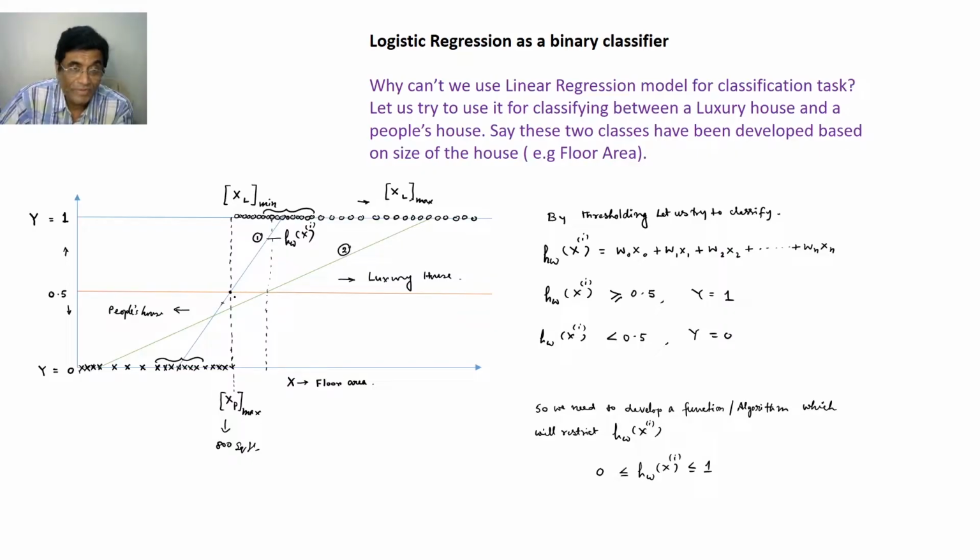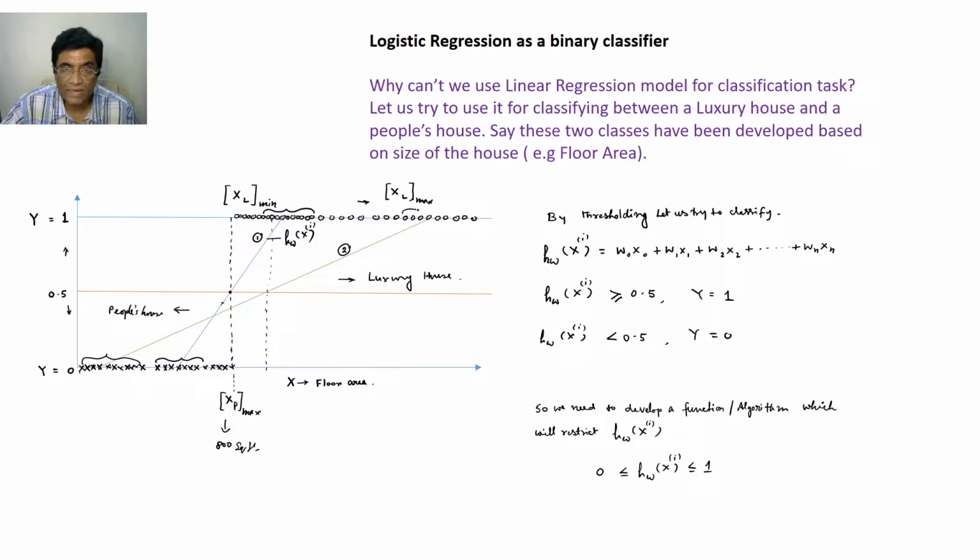Now suppose your friend has collected a different data sample following this same approach. She has collected these samples, which are also, of course, data less than 800 square feet, so they belong to the people's house class.